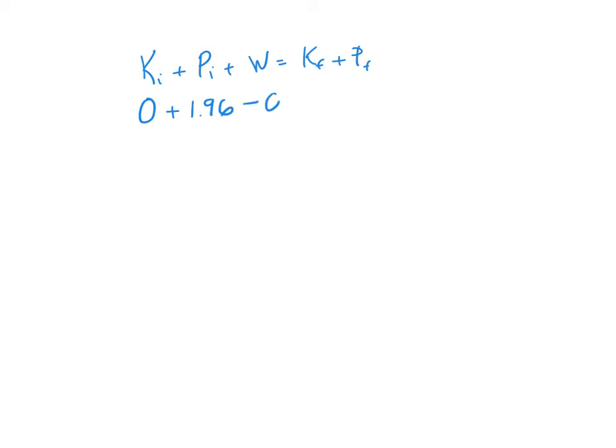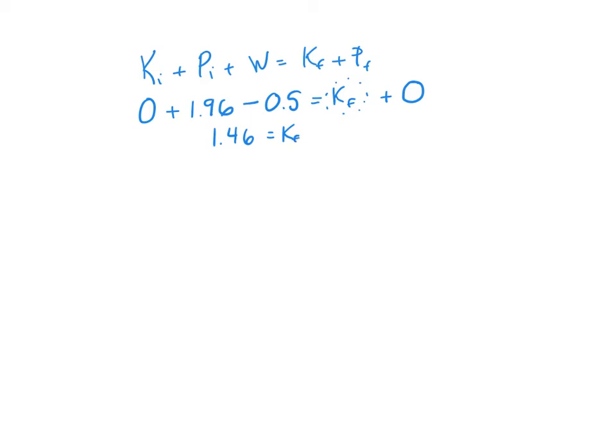So our work is negative 0.5. You lost that. Equals, we're going to do the exact same thing. We're once again going to solve for our kinetic final. And our potential is still going to be 0. So it's almost the same problem, just with 0.5 joules less of energy. So we do 1.96 minus 0.5. We get 1.46 equals your kinetic final.